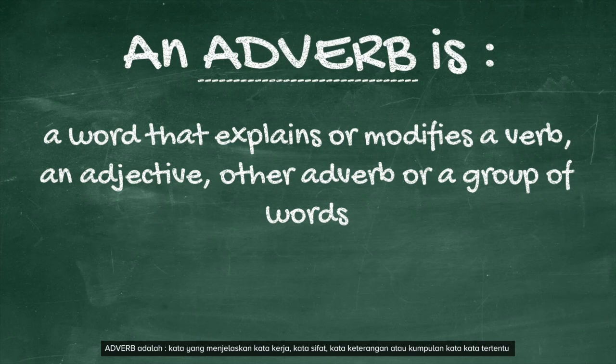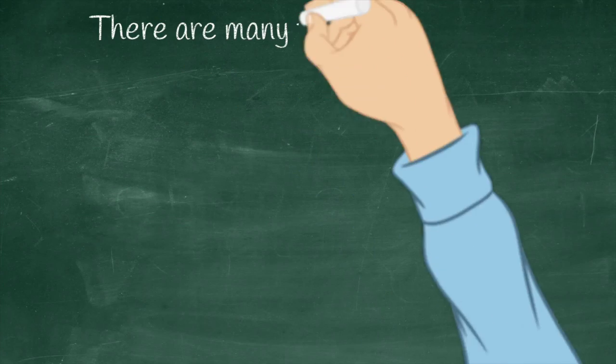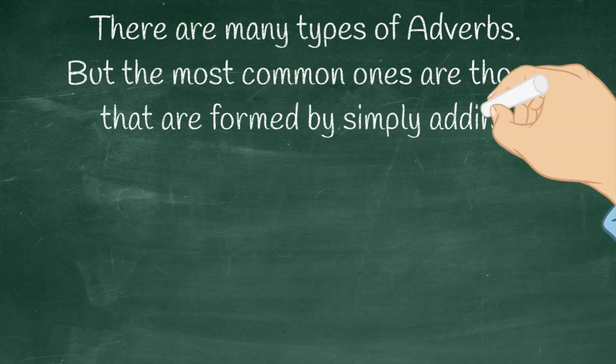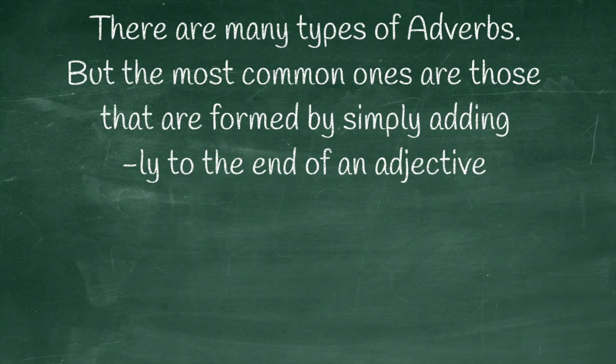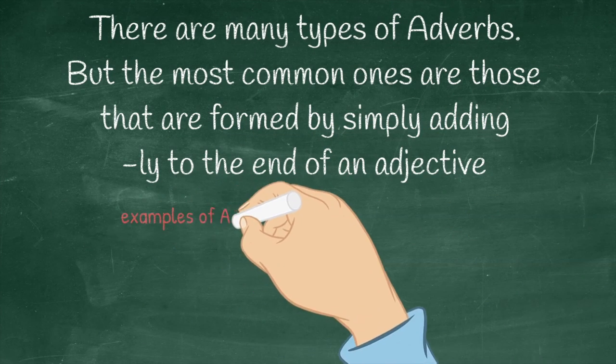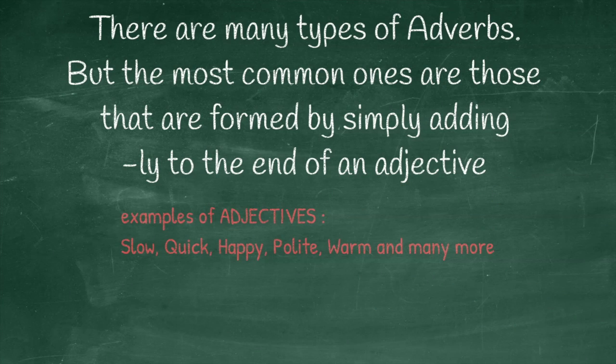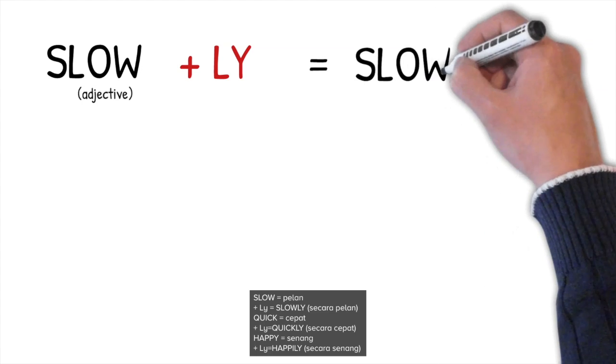Now, there are many types of adverbs, but the most common ones are those that are formed by simply adding ly to the end of an adjective. We've known some examples of adjectives such as slow, quick, happy, polite, warm, and many more. Let's take slow, an adjective. If we add ly at the end of it, it becomes slowly, an adverb.